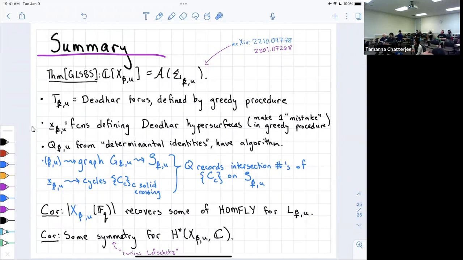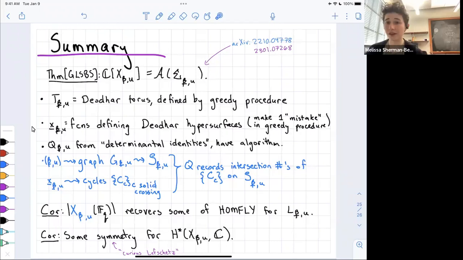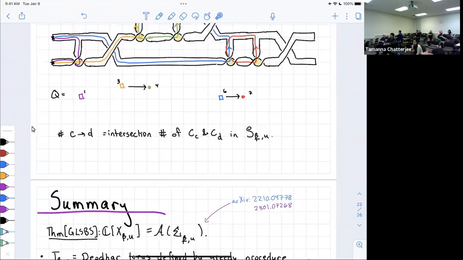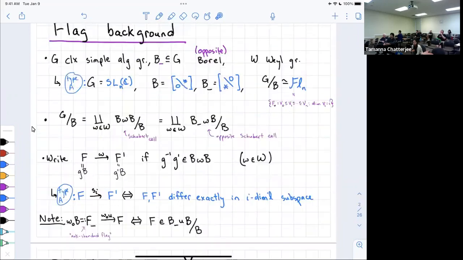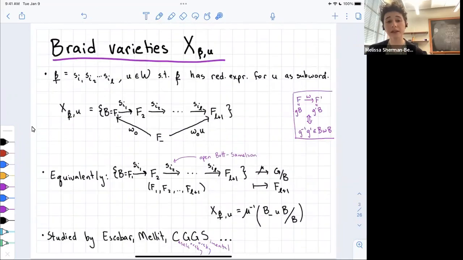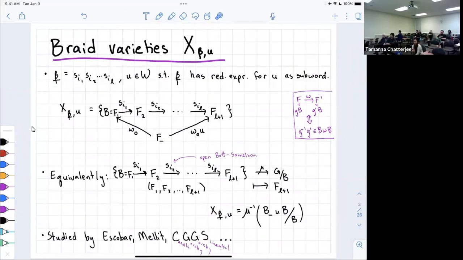Can you go back to the slide for the braid variety? I heard go back to the slide about braid varieties, but did you mean the definition? Okay. Yeah. So you gave the dimensions.